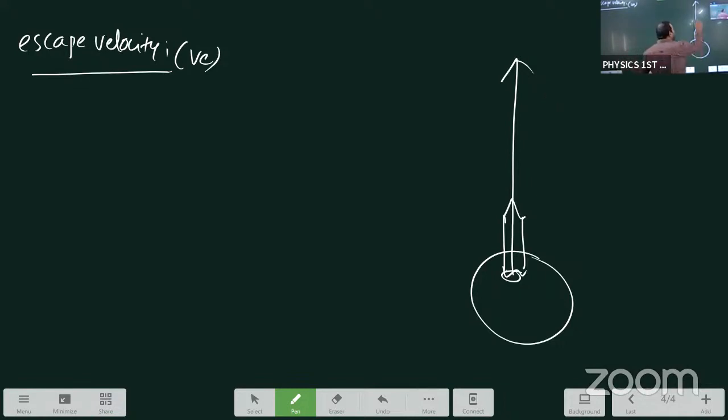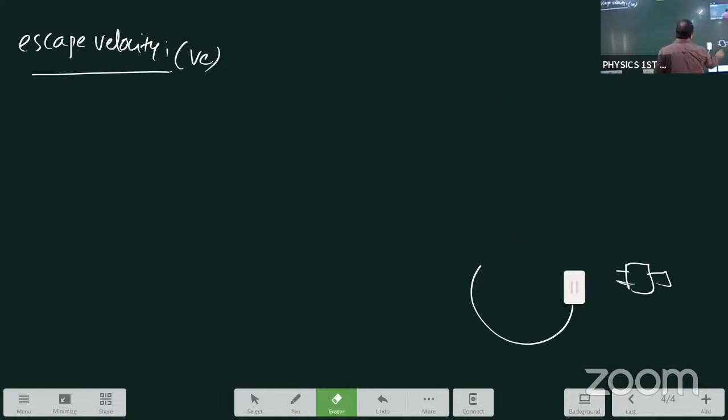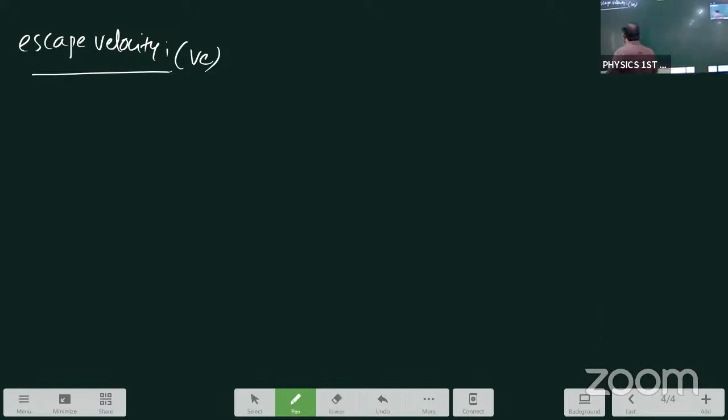This is vertical velocity, whereas the previous case was horizontal velocity. Now, in the present case, vertical velocity. Just write simple words. That is escape velocity.